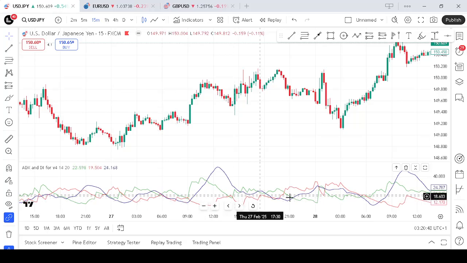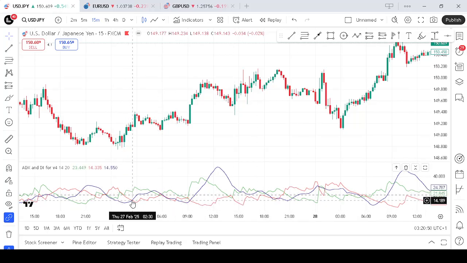As you can see, this is our ADX indicator and this is the line. If you see a line that ranges below 25, it signals a weak or ranging market. When it's above 25, it is a strong trend.